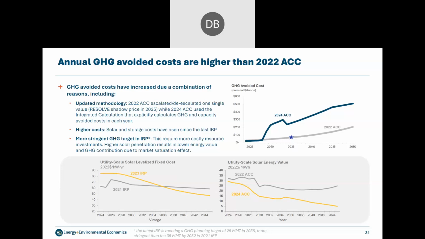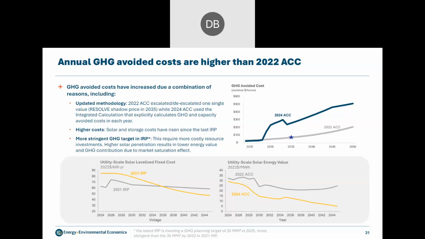And finally, we also see that the most recent IRP, the 2023 IRP, is planning for a more stringent GHG target compared to the 2021 or previous IRP.